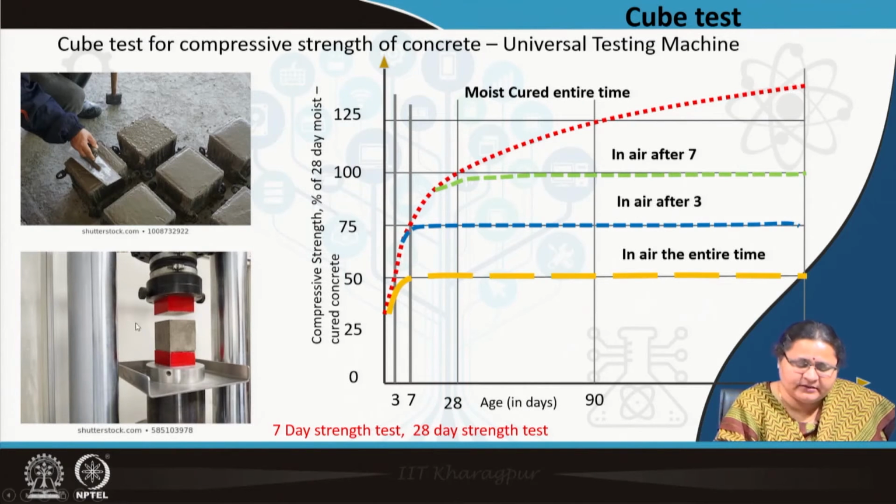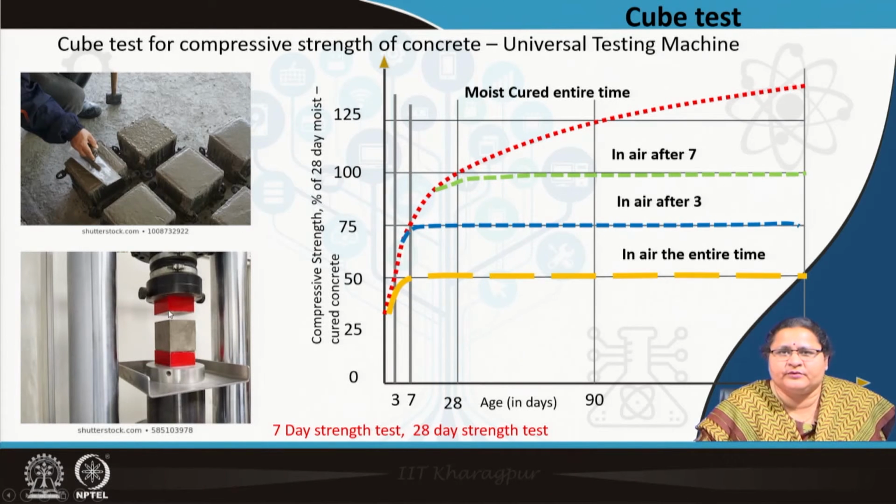You can see one sample put here, and it will be subjected to a compressive load and it will actually rupture at a certain point, and that is noted down. Some of the cubes are tested for 28-day test strength, and it is seen that strength of concrete is achieved up to 50% in 3 to 7 days.